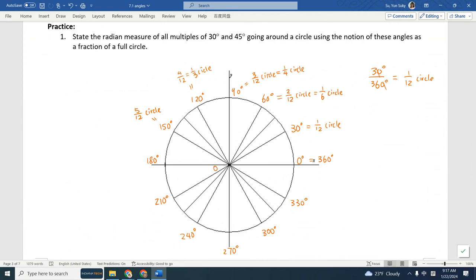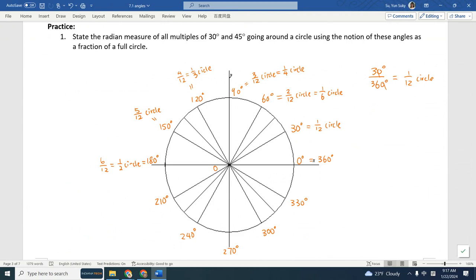Okay, how about this one? 1/2, yes, because it's 6/12, which is 1/2 of a circle. Next one, 7/12. Do you all see the pattern? We increase the numerator by 1, right?